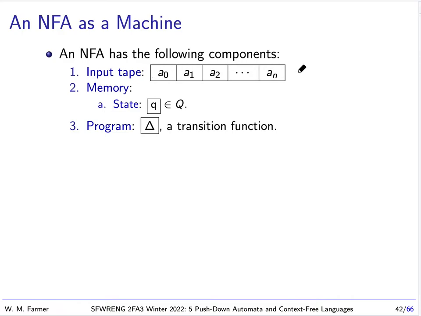This is the string of characters that we're reading. It has a particular state that it's in, and it has a transition function. This transition function is its program. As it's reading the tape, it's moving from left to right, and it's changing state according to its program.